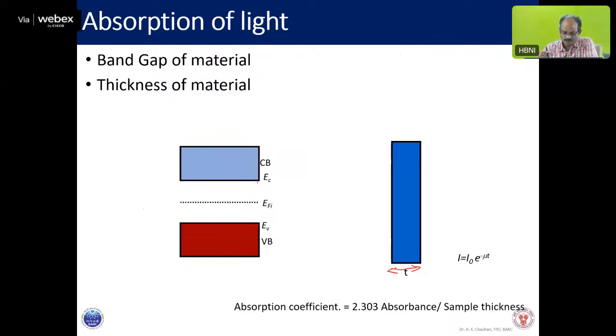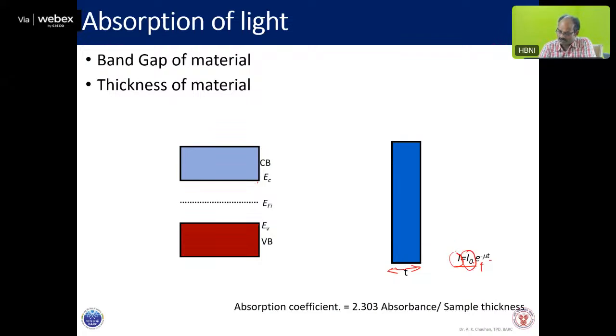So a certain fraction of light having energy less than the band gap will definitely be transmitted through that material. And then another is the thickness. What role does thickness have here? This law we always know: if mu is the absorption coefficient and T is the thickness, then this is the intensity of light.